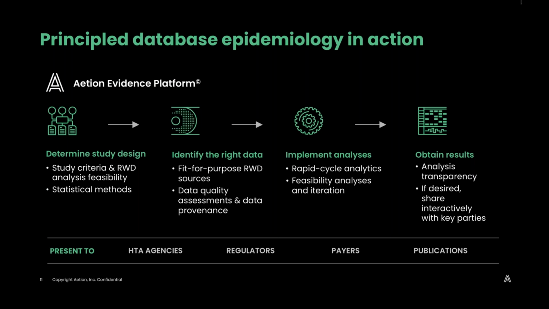And this then will empower regulators and HTAs to audit studies, change parameters, do their own sensitivity analyses, so that they too can have confidence in the methodology that's being applied, and certainly in the insights that we can derive from real-world evidence, so that we can apply them in a more consistent way as we're making decisions.